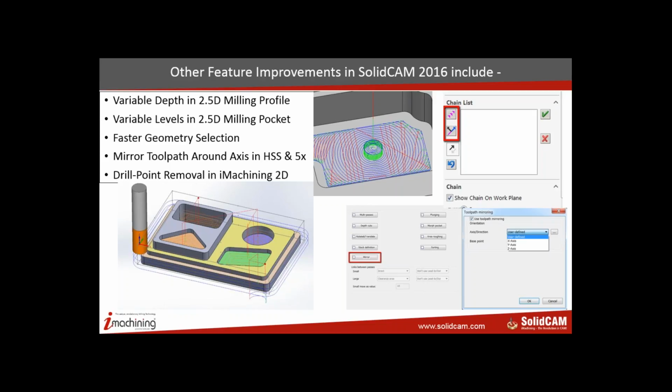One of the most notable differences in SolidCAM 2016 is in the 2.5D milling module, and that's the option to have a variable depth in your profiling operations in 2.5D.